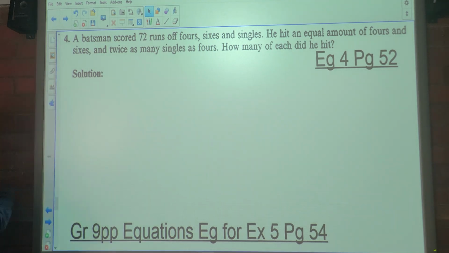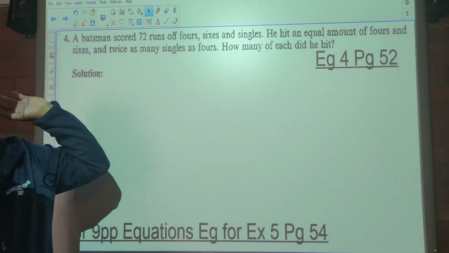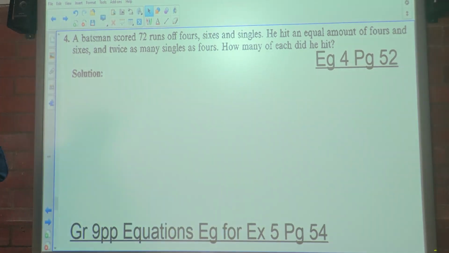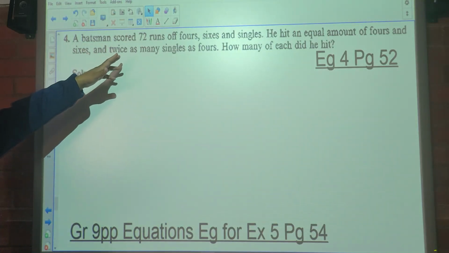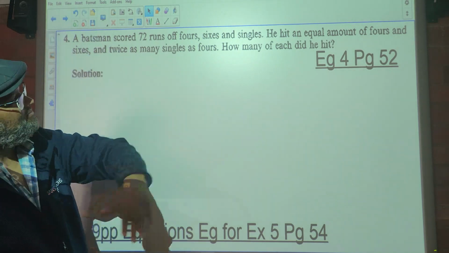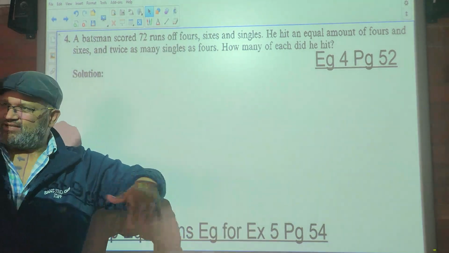Right, the batsman scored 72 runs of 4s and 6s and singles. So what happens is the guy runs, everybody's watching him, and he throws the ball at the batsman. You call it bowling. And he hits the ball, he has a chance of running singles.